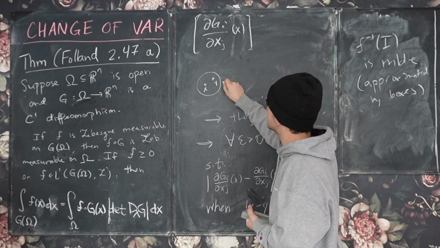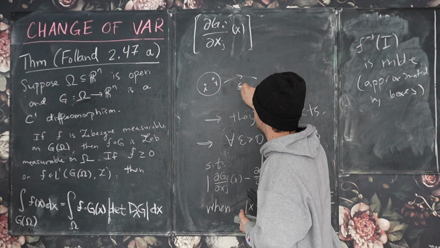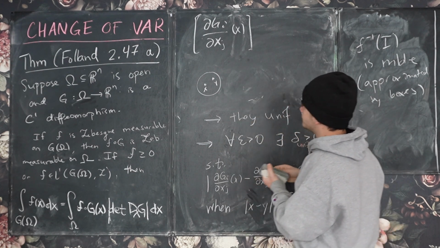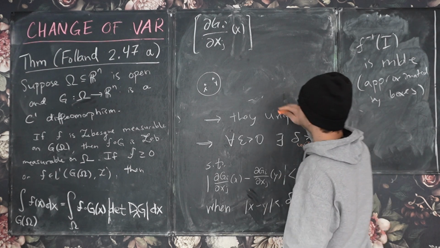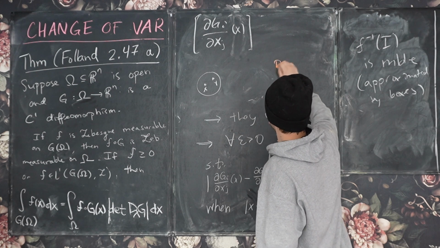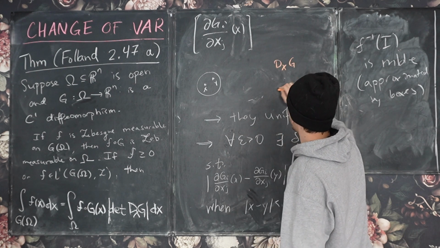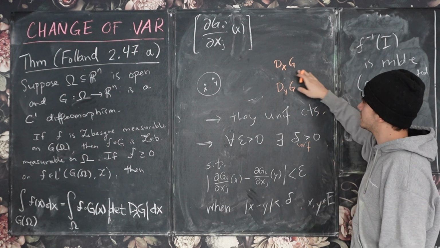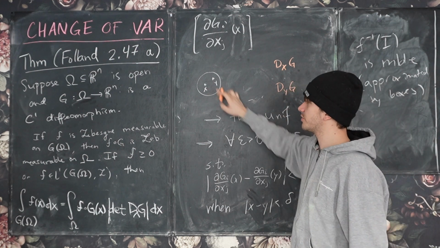What I really want to think about is these matrices, let's say DxG and DyG. These are the two Jacobian matrices at these two different points.